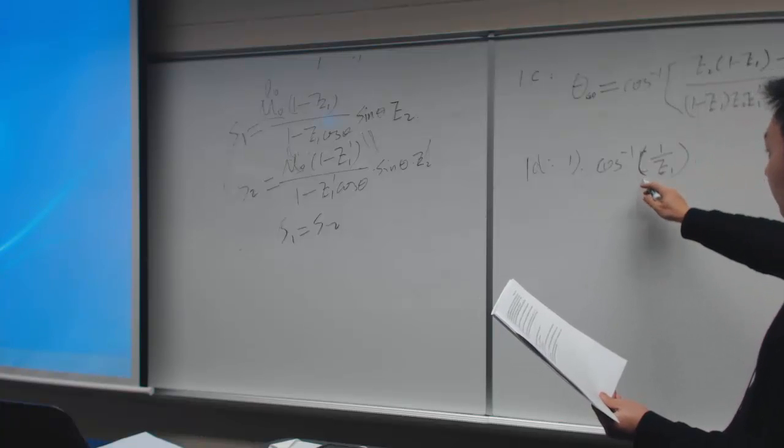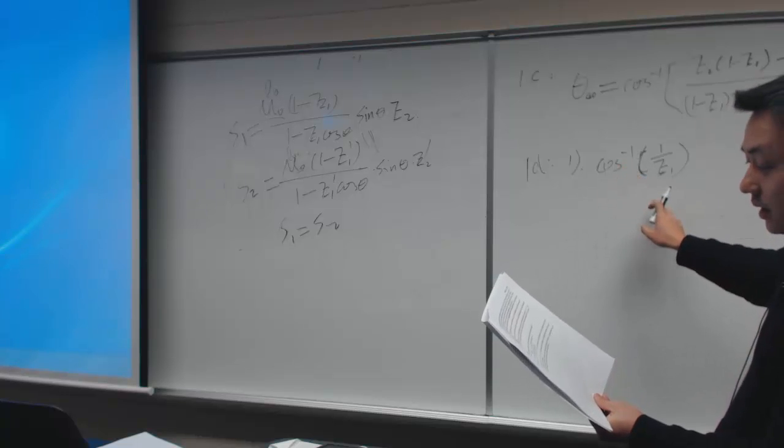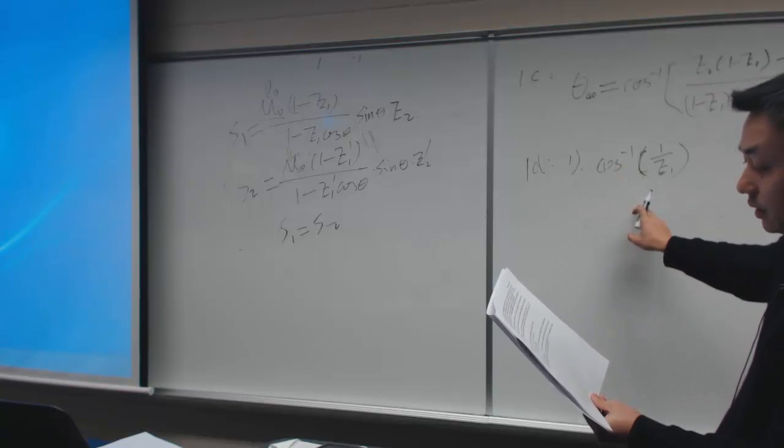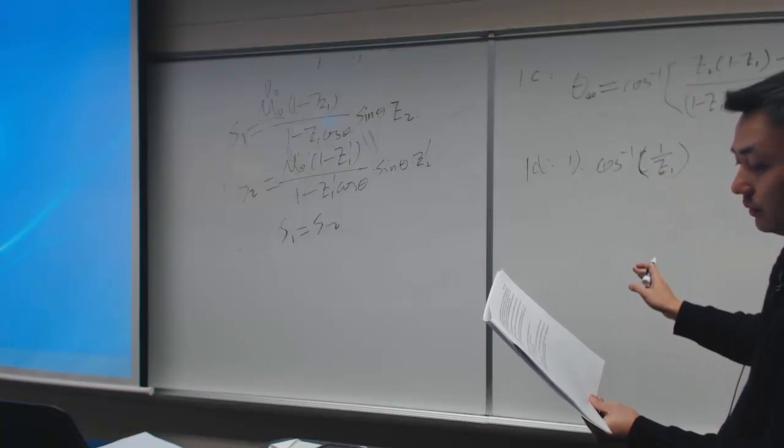So this means that the zero contrast flip angle is only determined by the T1, and it has nothing to do with the T2.